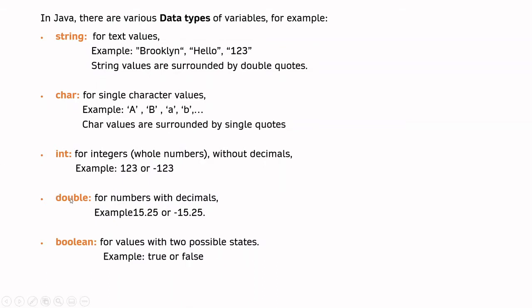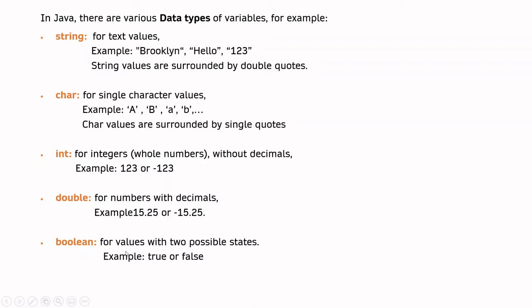Also, we have the double data type, and also float. We'll talk more about this in the next video. Double is if you would like to store whole numbers in addition to numbers with decimal values. For example, 15.25 or negative 15.25 could be stored there. Whole numbers can also be stored in double variables.